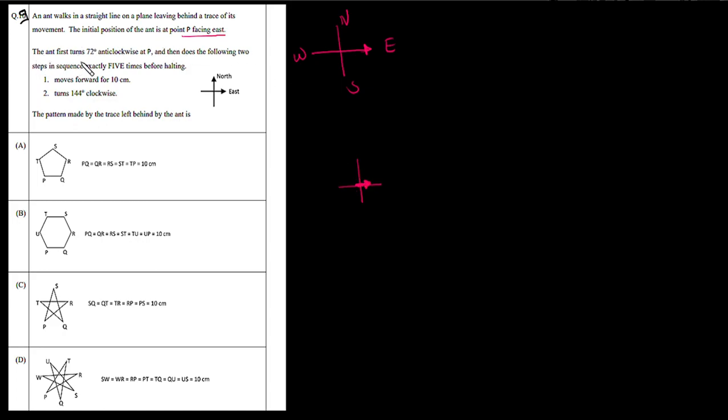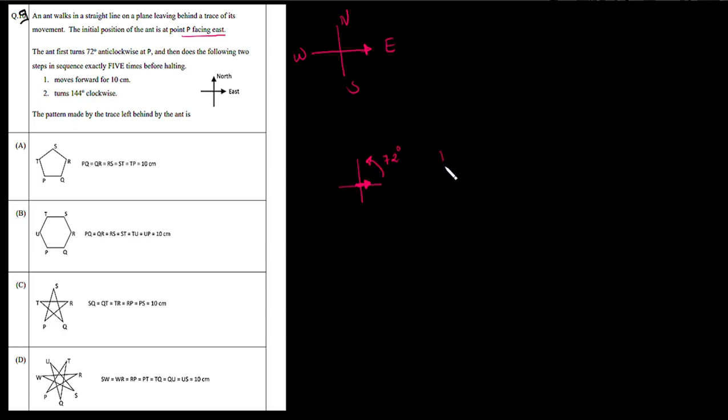So now let's read the question further. The ant first turned 72-degree anti-clockwise at P. So now this ant has to take the turn of 72 degrees in the anti-clockwise direction. So I can say the ant has to take the turn in this direction, which is nothing but the 72-degree turn.